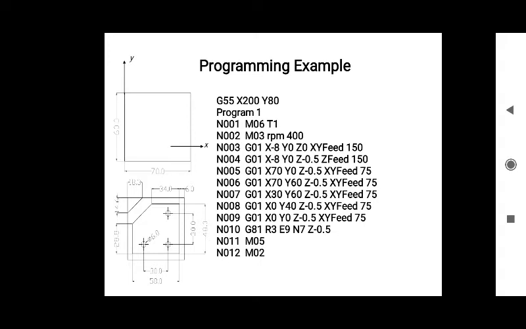Whatever our milling cutter, end mill cutter is there, we shifted to a safe position. Okay, and after that we reduced the depth. First of all we selected the tool, after that we decided the spindle rpm, and it should be in clockwise direction. Then we placed the cutter at a safe position with a feed of 150 mm in the XY plane.